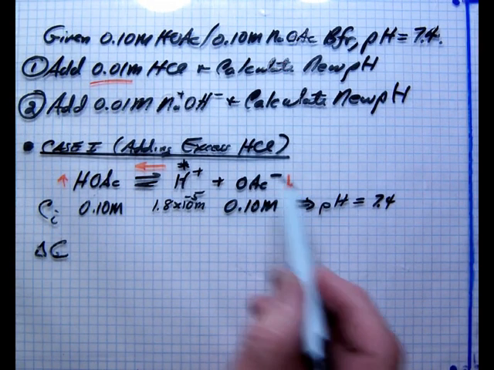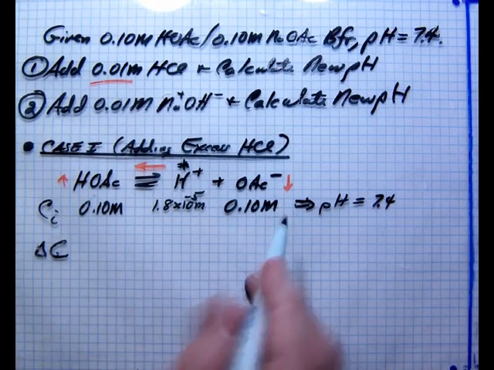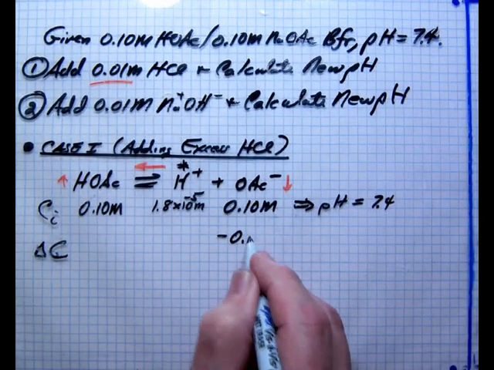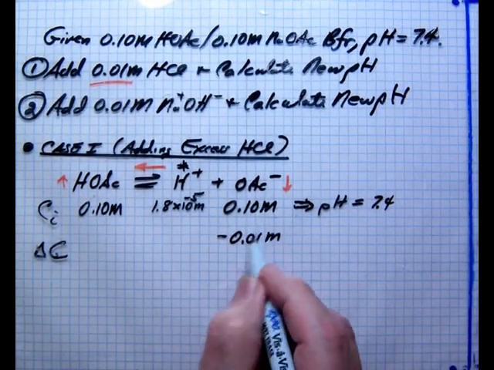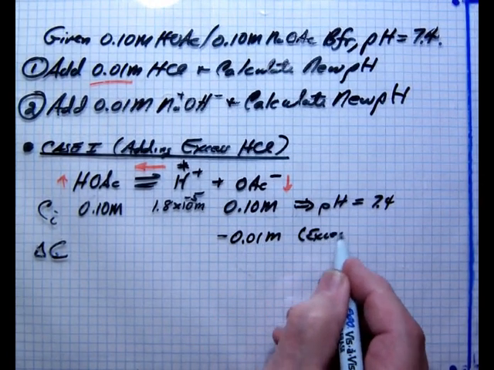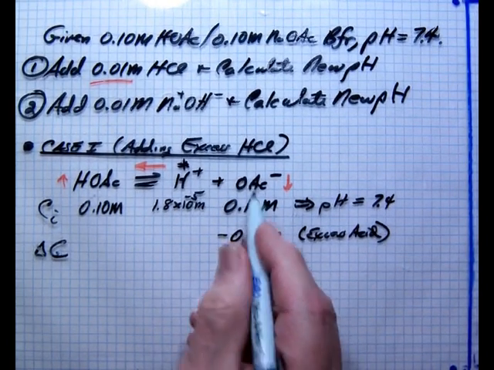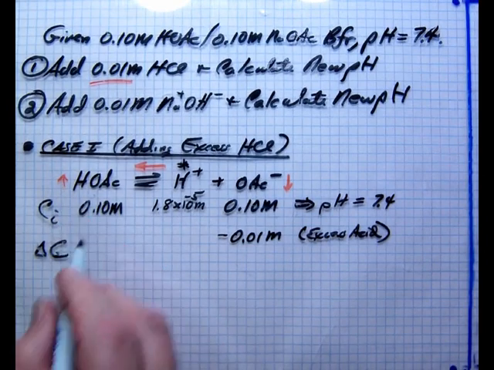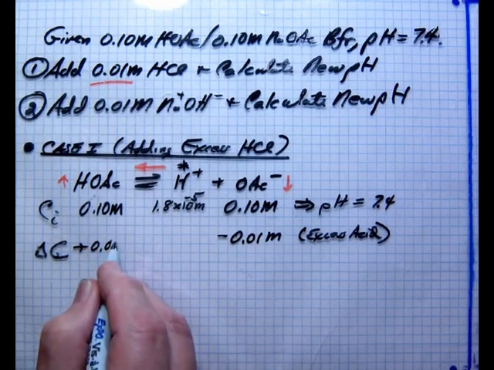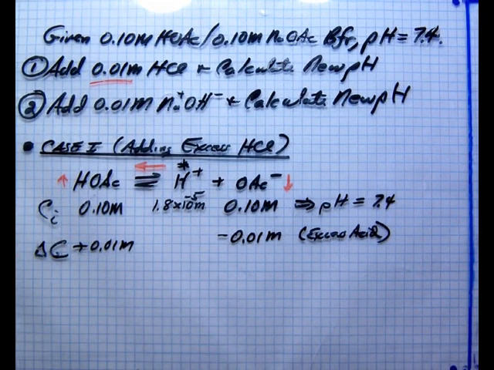So when we're trying to get rid of 0.01 molar HCl, so this is going to take it up. So I have to look at this as a decrease in 0.01 molar, because you're combining the excess acid with the acetate right here. So the acetate's going over here and forming acetic acid, so it's increasing by 0.01 molar. So you're going up here and down here by equal amount.